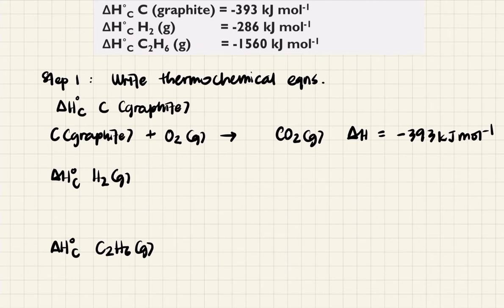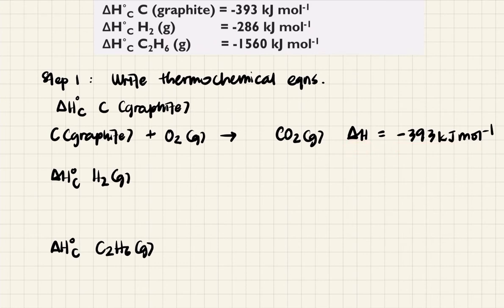So that means we need to know that carbon graphite will be burned in oxygen gas to produce carbon dioxide gas. So you have to make sure that your chemical equation is balanced. So we have one carbon, two oxygen atoms. So the delta H will be this, so we have to follow.